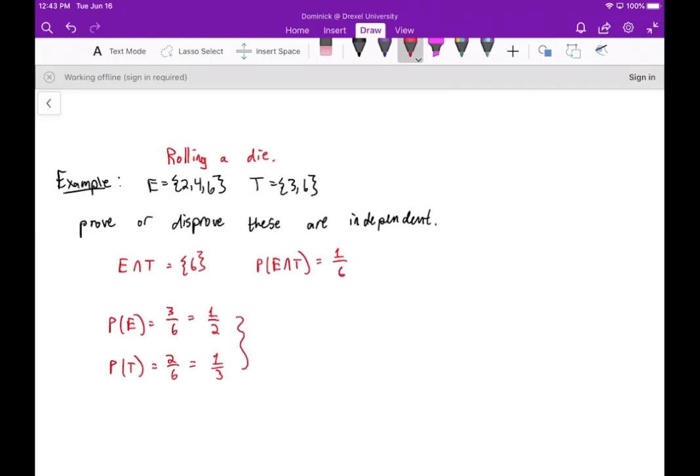Now if we multiply these probabilities together, we get 1/2 times 1/3, so that is 1/6. So again, since these two come out to be the same, E and T are independent.